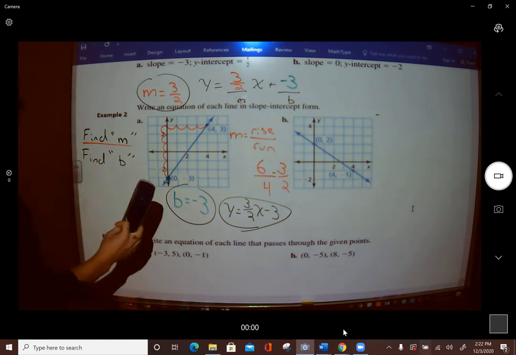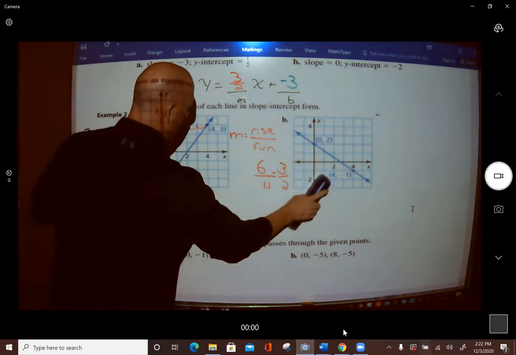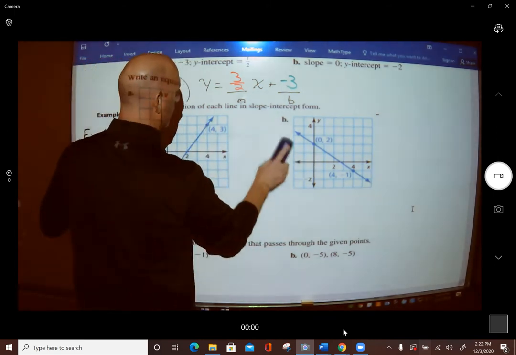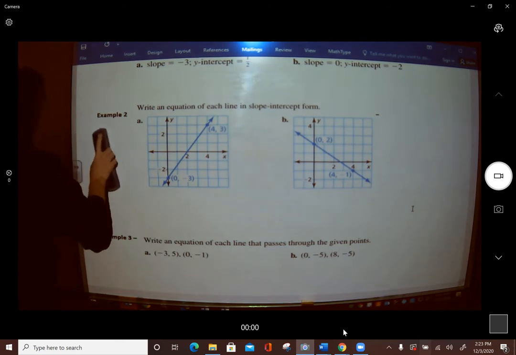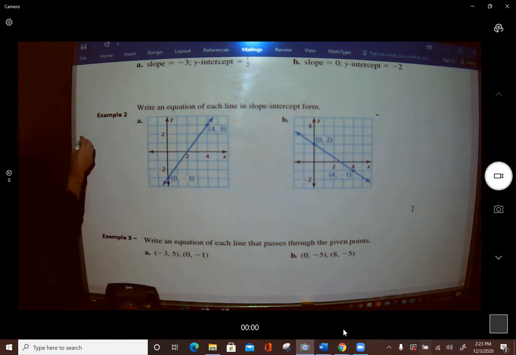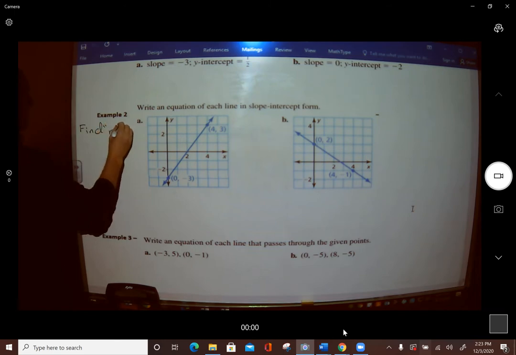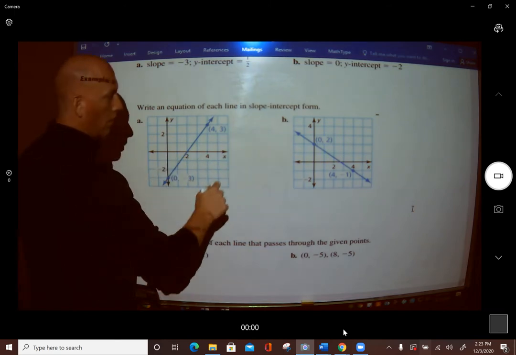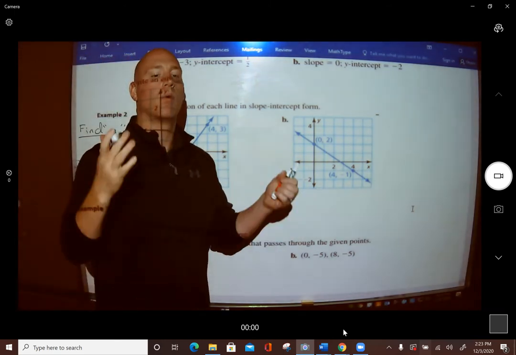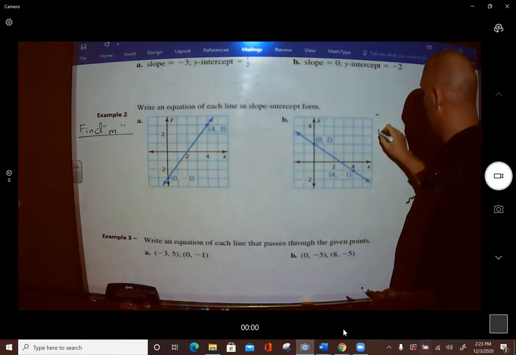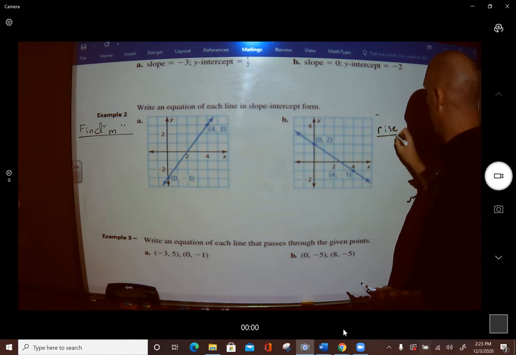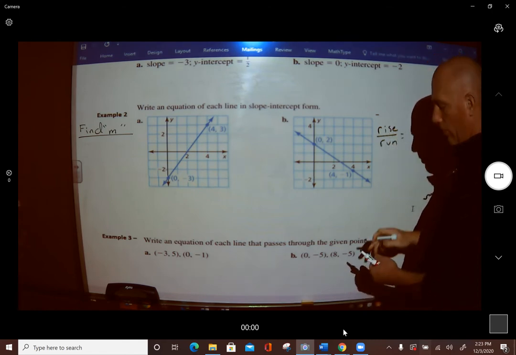Now I'm going to erase, and we'll look at the next one. So we're going to find m first. And if you're given a graph, how do you find m? Rise over run. I'll do this in red again.